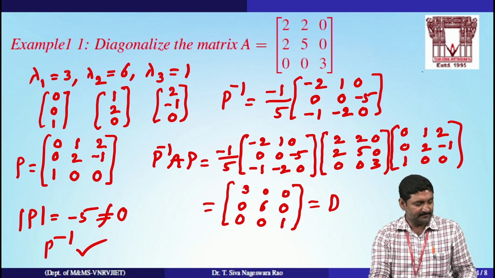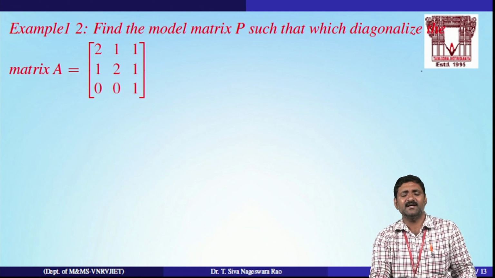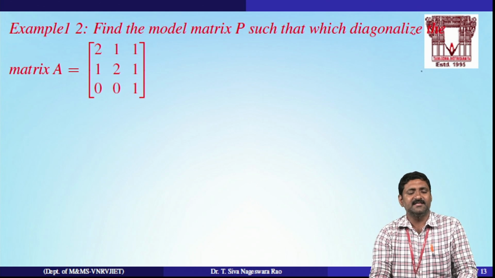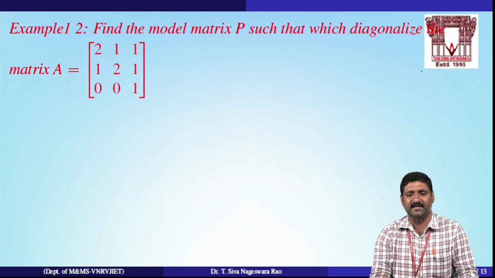Please keep it in your mind. This is one more example. Earlier we already discussed this matrix, in which 2 eigenvalues are repeated and 1 is distinct.